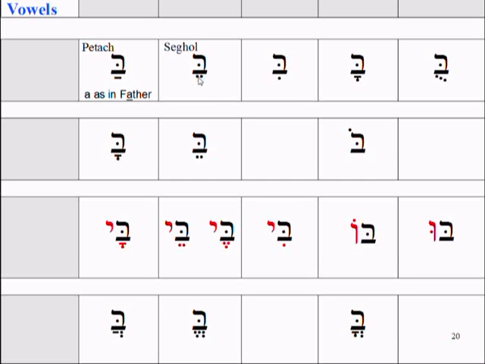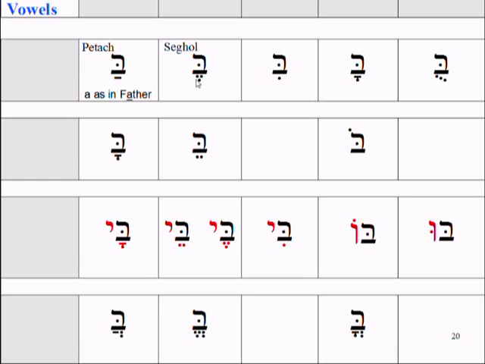The next one is called segol. It's these 3 dots. A good way to remember it is, if a bird, a seagull, is flying, there's its head, and there's its 2 wings above it. Anyway, that was the way I remembered it.